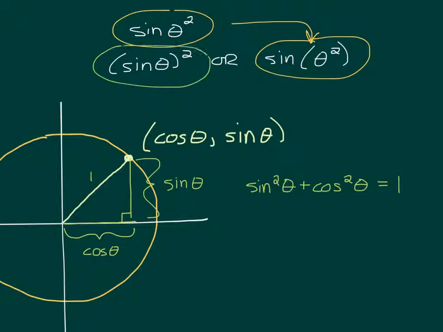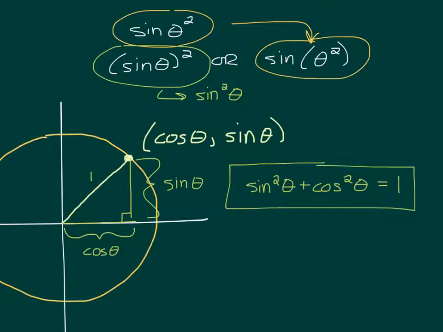This, in order to make it easier to write, so that we don't have to put those parentheses every time, we're just going to write as sine squared theta. So that should explain the notation right here. So this is a very important thing. We're going to be using this a lot today.